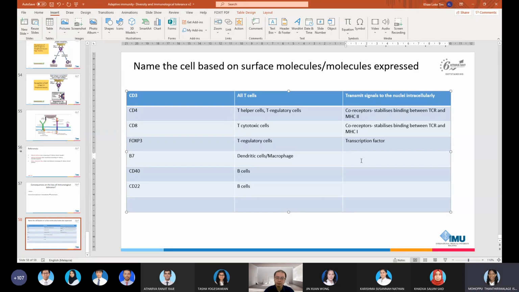B7? Is it a co-stimulatory signal? Yep. Co-stimulatory molecule. And what does it do? It produces signal two. Same thing for this one, right? For CD40.